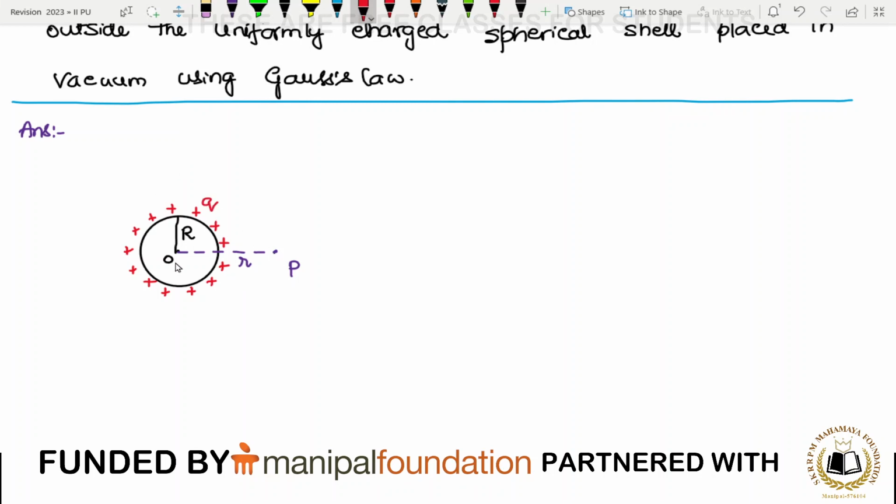Now at a distance r from the center of this spherical shell, electric field throughout remains same. So at the same distance we will mark and join all the points.